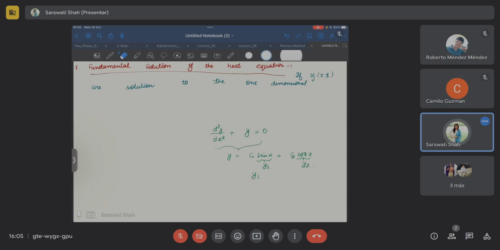In the same fashion, since here it has n components, because every nth order ODE can be written as n first order ODEs, it will be a combination of the n solutions, and each of u1, u2, un is going to satisfy the heat equation ut equals uxx in the case when a equals 1. So this is the criterion behind that. If you know this, then the statement is clear to you.